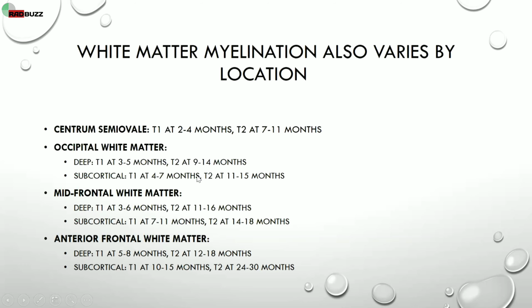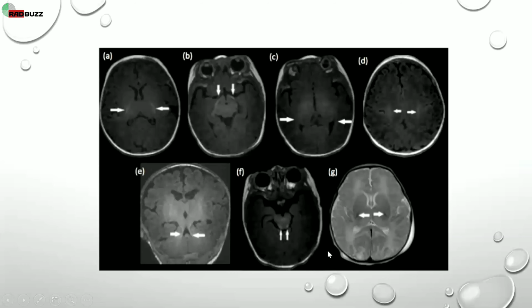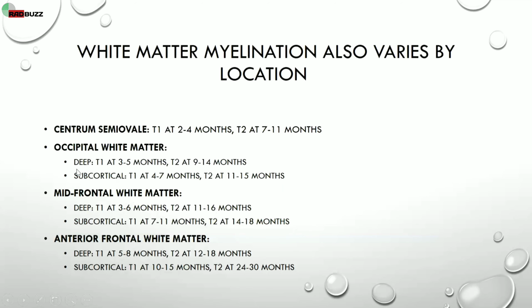So the posterior aspect of the brain is the first to be myelinated. That will appear whiter as compared to the rest of the brain, then this area, and then anteriorly. So this area is the last one to become whiter. If it is blacker, don't worry, look into the age of the baby and then decide.